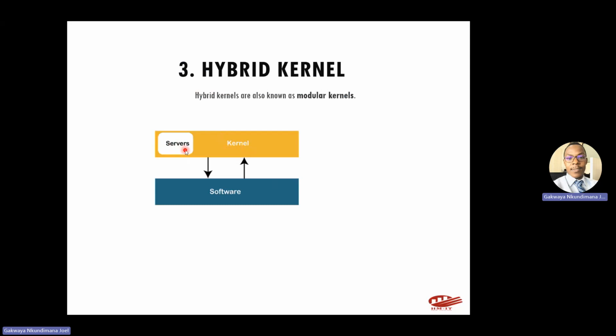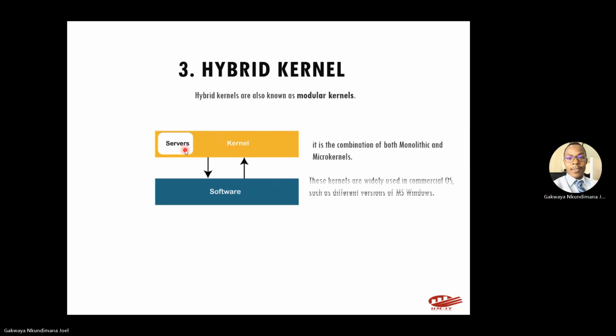Some students were online, others on site. That's called a hybrid. So here, in the hybrid, we combine two types of kernels, monolithic and microkernel. An example of a hybrid kernel is Microsoft Windows. Okay, hybrid kernel.